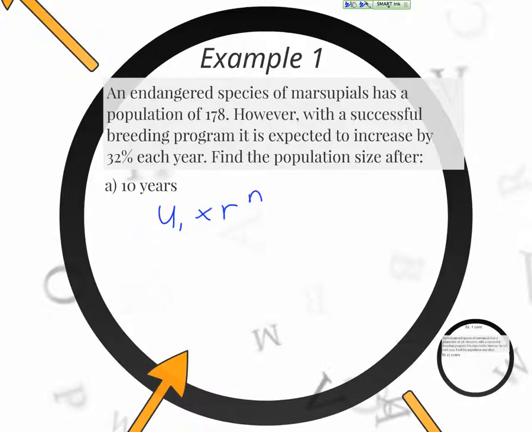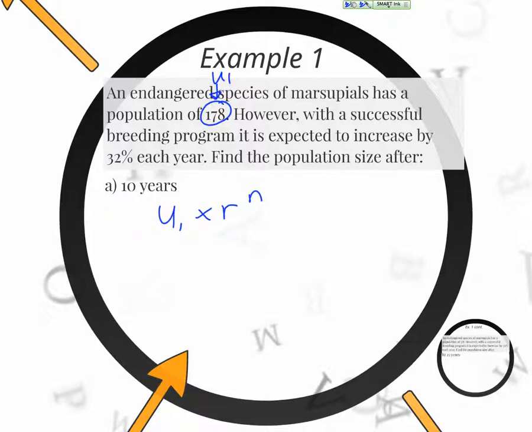So that's the modified formula that we are going to use for our growth: u sub 1 times r to the nth power. Now we have to figure out what numbers go where. u sub 1 is like our initial amount. So how many marsupials do we start with? 178, that will be u sub 1.